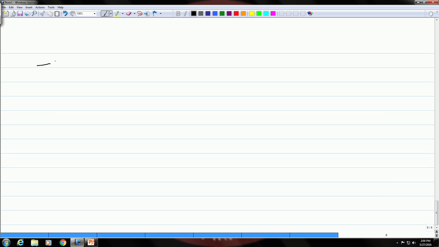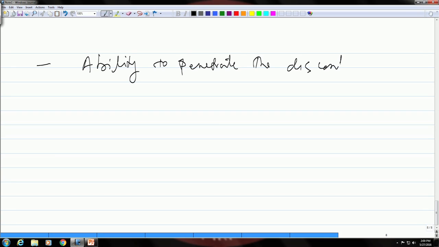Then it should also be able to penetrate the discontinuity quickly and completely.